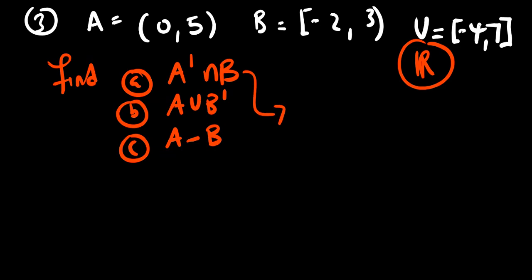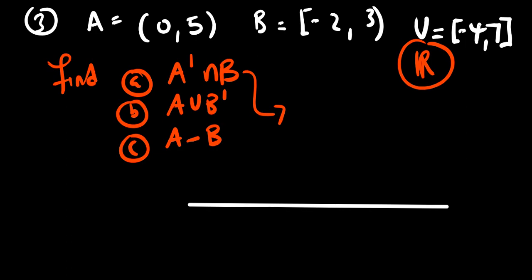Allow me to write it there. Let me draw a number line. We're trying to find A complement intersection B. So if this is our number line, let's start by putting the numbers.